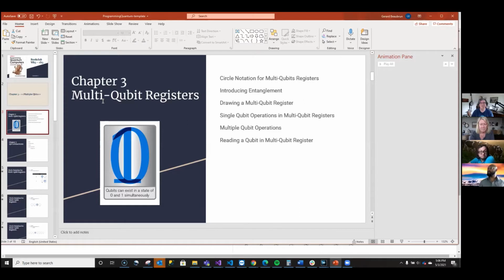We're also going to draw a multi-qubit register, a little bit different than a circle notation, then delve into single qubit operations, Hadamard, NOT, and phase, and then finish with multiple qubit operations, C phase, C NOT, and of course, CC NOT. And without further ado, let's start.